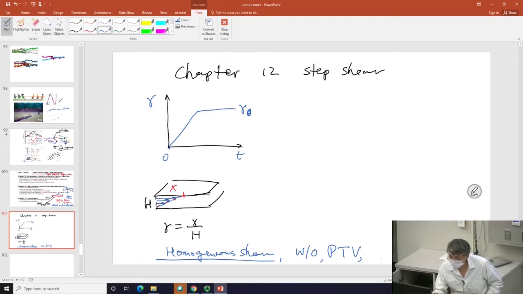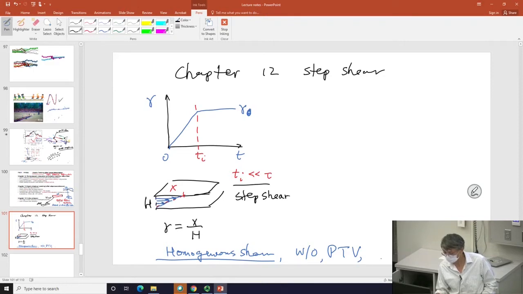And the step strain that we typically talk about just means that the time it takes to make this much deformation is very, very small compared to the relaxation time. And that would be enough for you to claim that you have a so-called step shear.